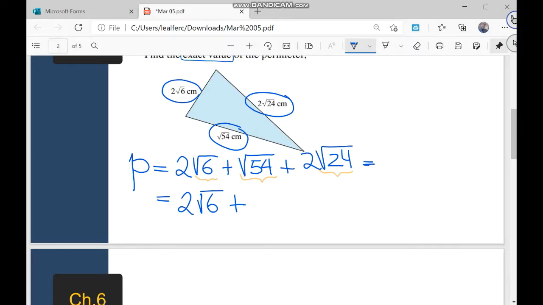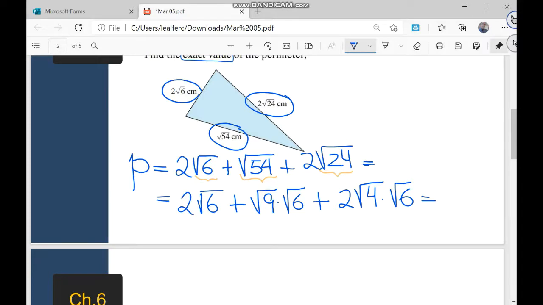The square root of 54 is a good one, because 54 is 9 times 6, so you can break it down as square root of 9 times square root of 6. And another good one is 24, because you can break it down as the square root of 4 times the square root of 6.